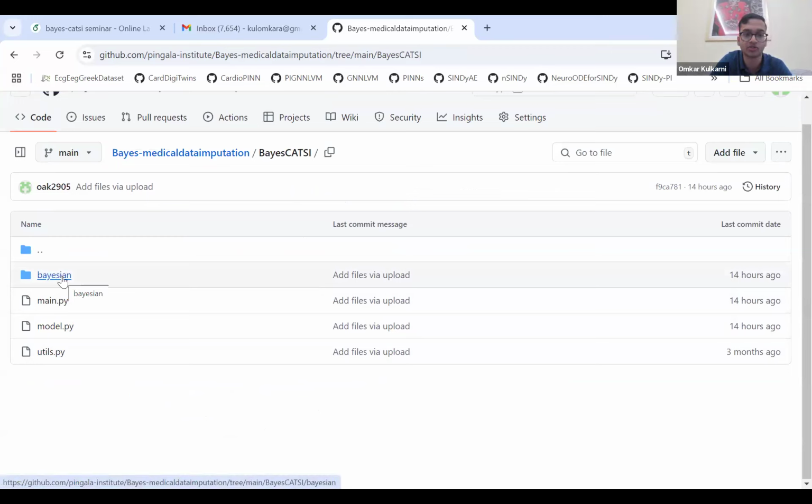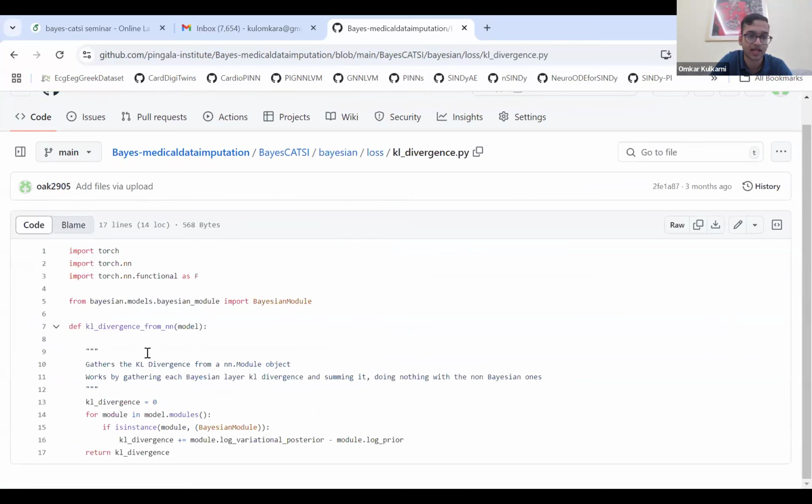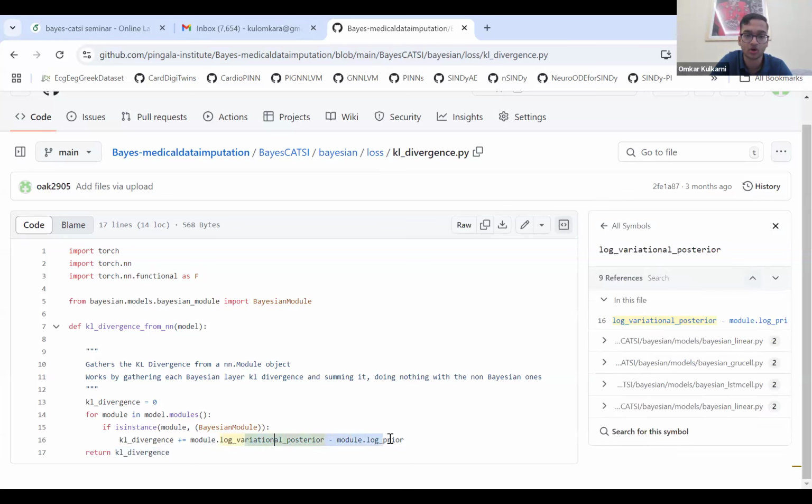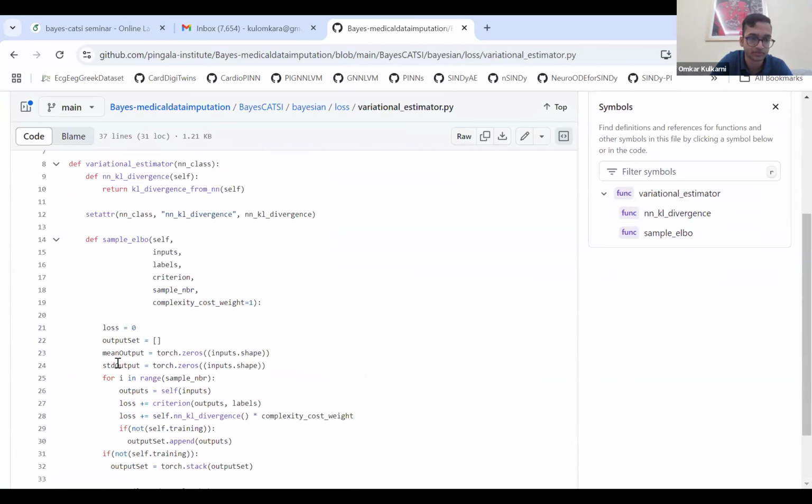So coming to the loss function in this Bayesian model, we have the code for the divergence, which is the log of variational posterior minus the log of the prior. Also, this file contains the code for the sampling and ELBO function.